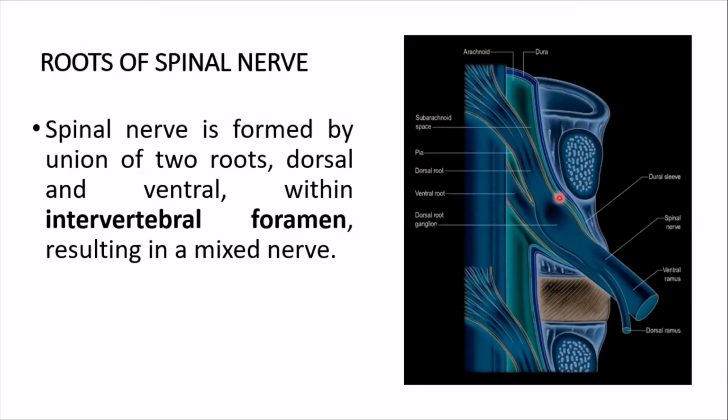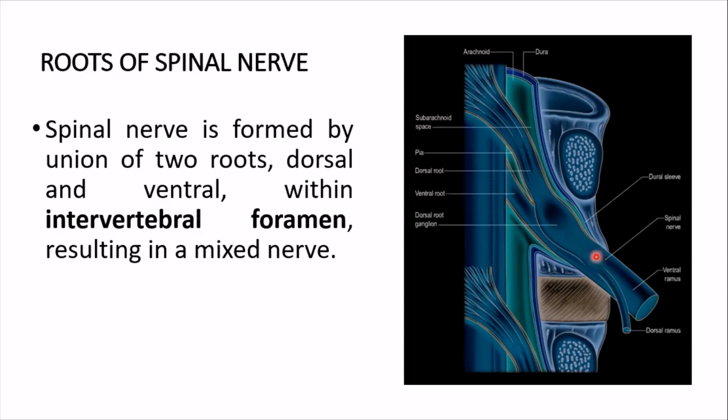This is another picture to elaborate further. You see the spinal nerve formed over here, right? This is the dorsal root coming, and this is the ventral root, and by their union they form a spinal nerve over here.